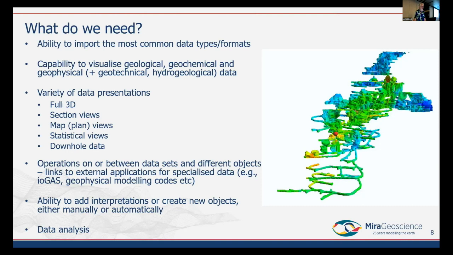We want to be able to add interpretations, digitize things in our view, or on our sections, or on our models, create new objects, and that to be done either manually or automatically. And then we want to be able to do various types of data analysis, which I'll cover a few of later in the talk.